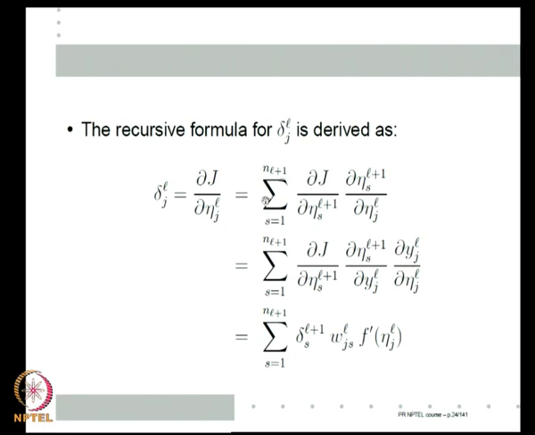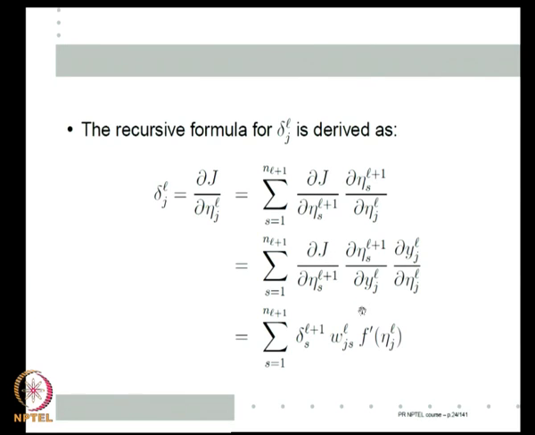So, sum over all nodes in layer L plus 1 of ∂J/∂net input of node s in layer L plus 1, times ∂net_s^(L+1)/∂net_j^L, and this can further be written in terms of the outputs: ∂net_s^(L+1)/∂y_j^L and ∂y_j^L/∂net_j^L. The nice thing is the first term already has a name, that is delta s L plus 1.